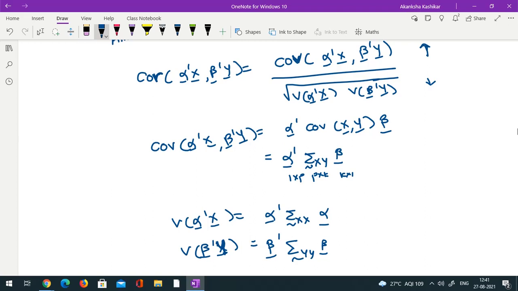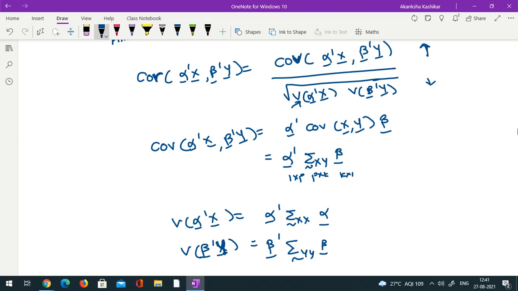But here the problem is alpha and beta are present both in numerator and denominator. So if I try to increase alpha in order to increase numerator, increasing alpha doesn't make sense because alpha is a vector. But basically if I want to increase say components of alpha so that the numerator is increased, then that would affect the denominator also because alpha is present in the denominator.